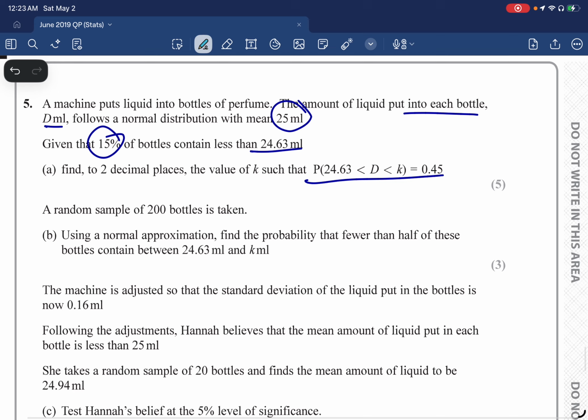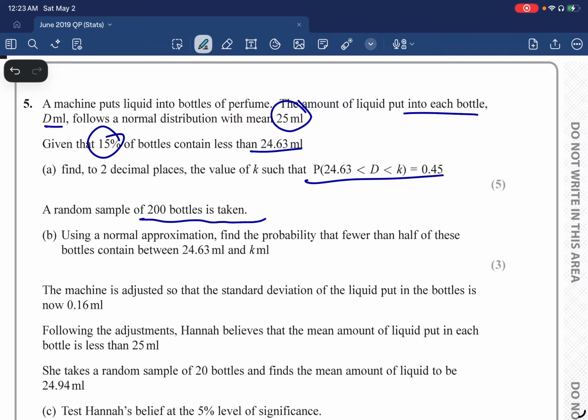A random sample of 20 bottles is taken. Using normal approximation, find the probability that fewer than half of these bottles contain the required amount.